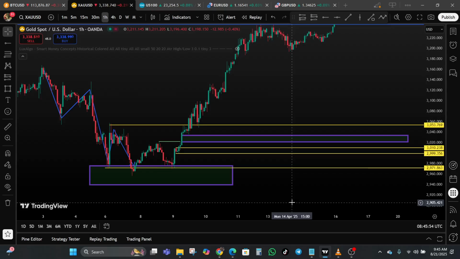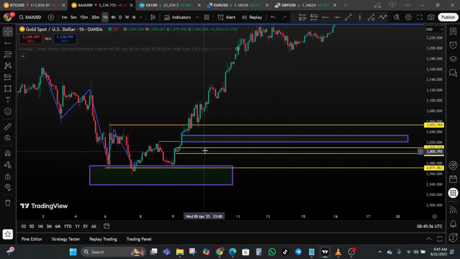For example, if gold is in a bullish structure and sweeps liquidity below equal lows, we can anticipate that smart money might use that liquidity grab to drive price higher.